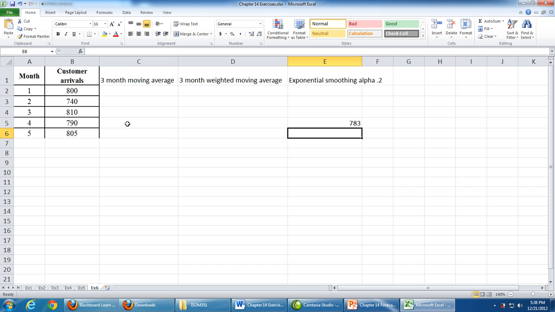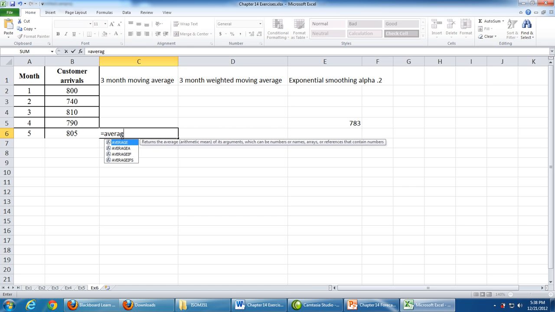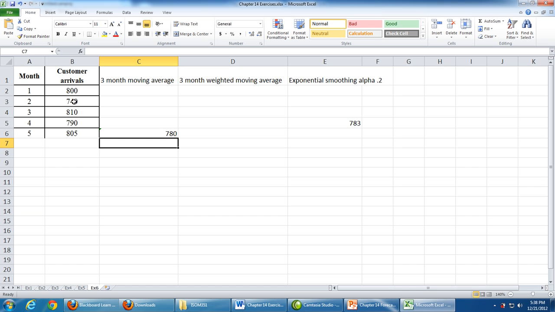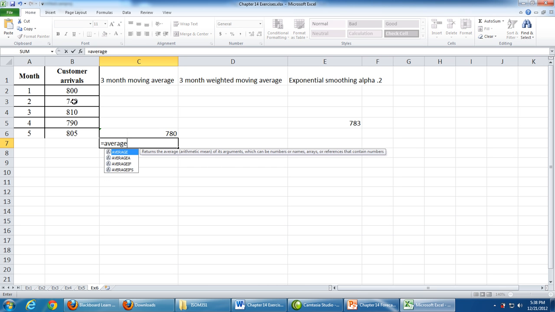Forecast for 5 is going to be the average of the last 3, and forecast for 6 will be the average of the last 3.